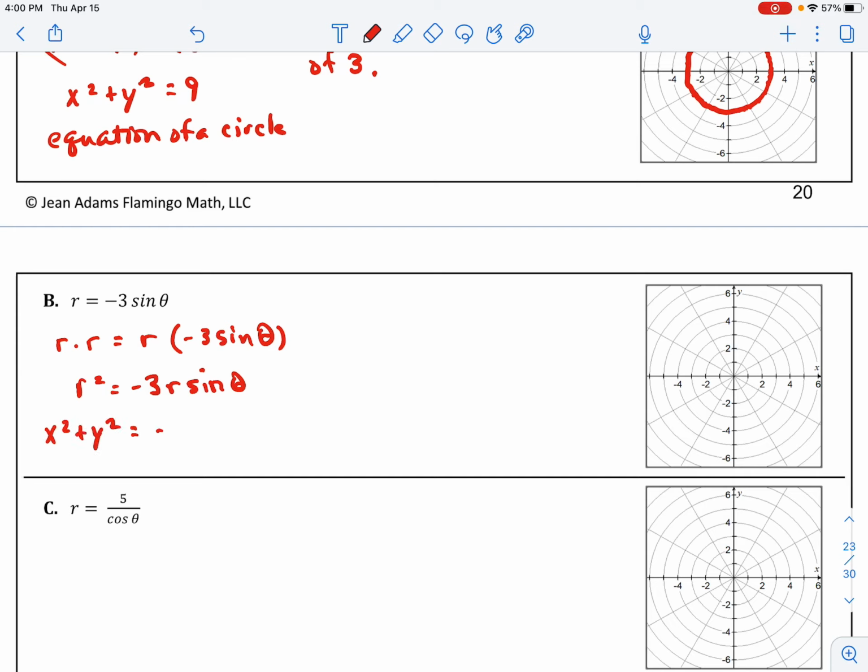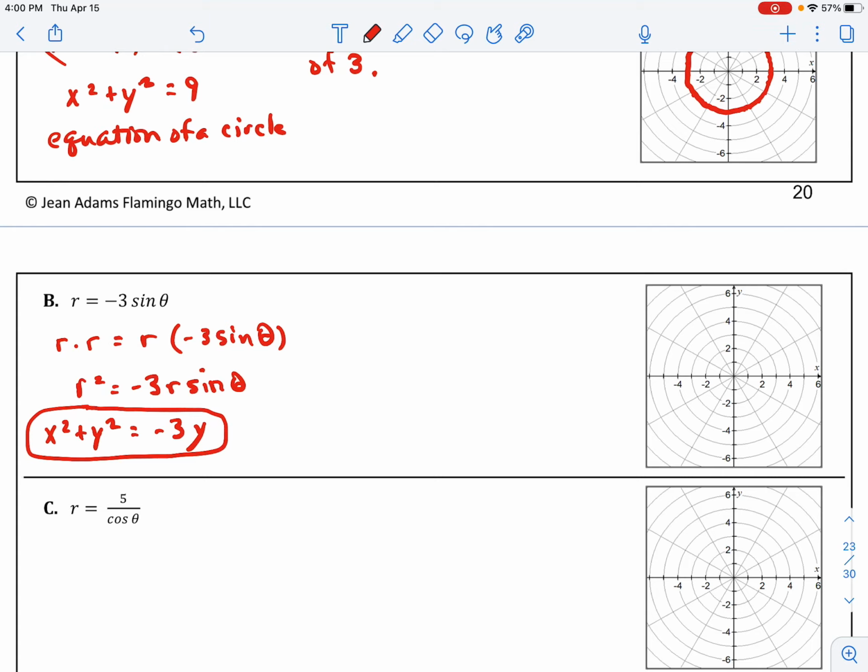And so we know our r squared is x squared plus y squared. And we know that r sine theta is y. So there is our rectangular coordinate.